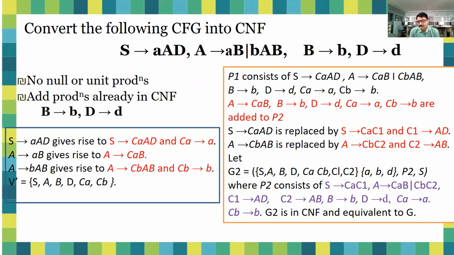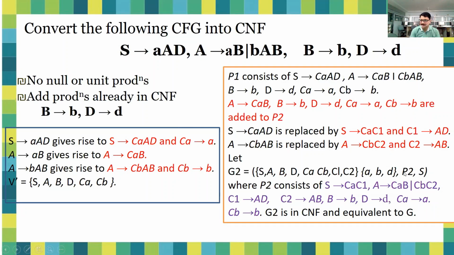Now we have to explain P2, that is the production rules. Just write all the production rules that are converted into Chomsky normal form: S to CA C1, A to CB C2, A to A, CB B, B to B, D to D, CA A, CB B. Write all the production rules in the required place, that is P2.